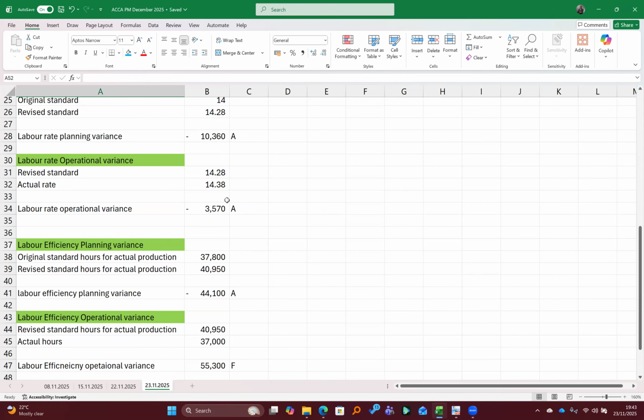However, you can gauge them on the operational variance because even after they revised, the actual turned out to be still adverse.